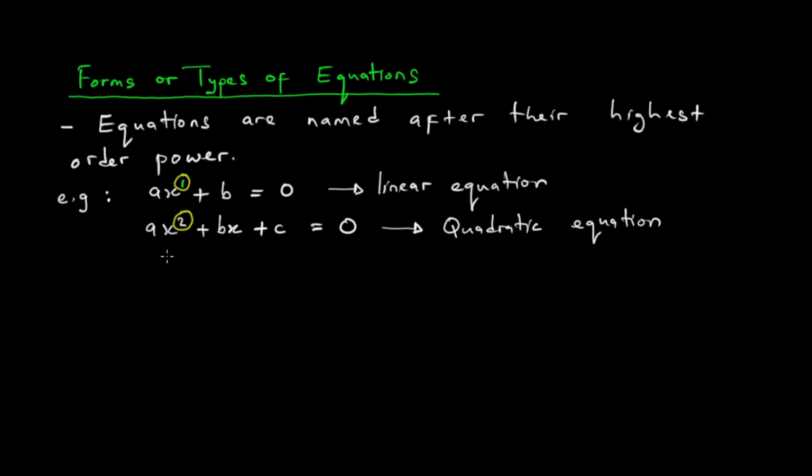Then we go on to another family of equations. Ax cubed plus bx squared plus cx plus d is equal to 0. These are then called cubic equations. So this is a cubic equation.